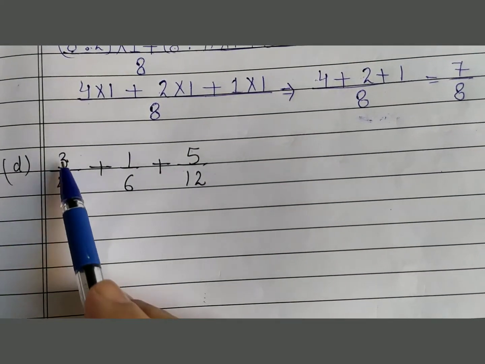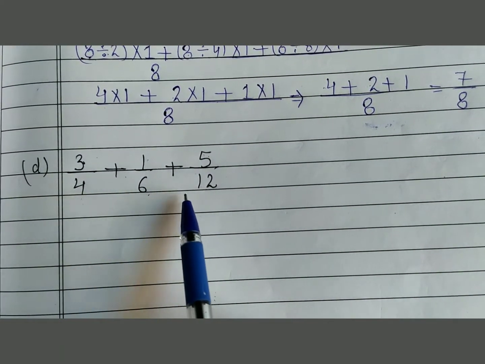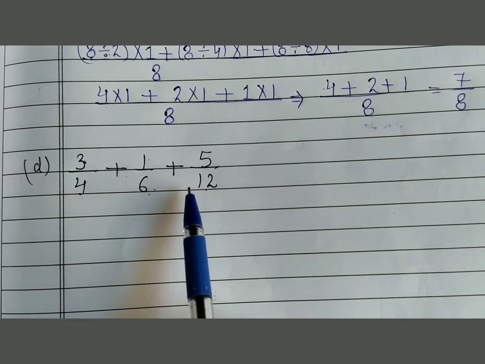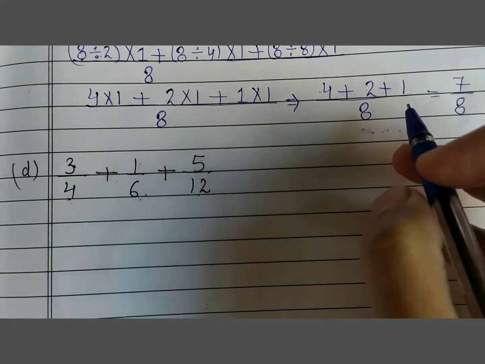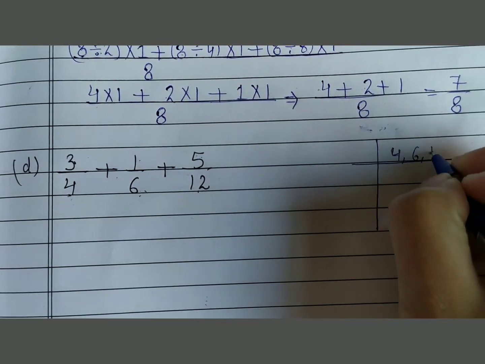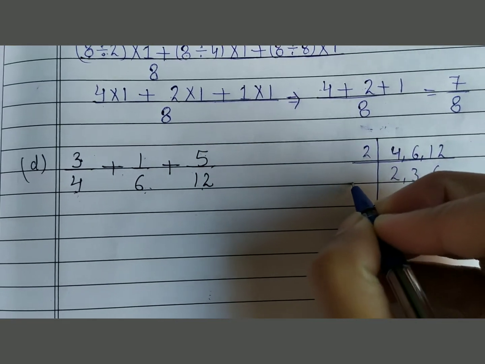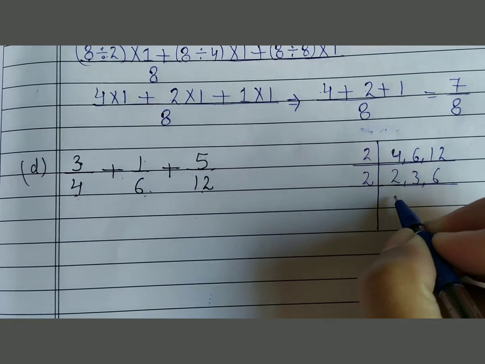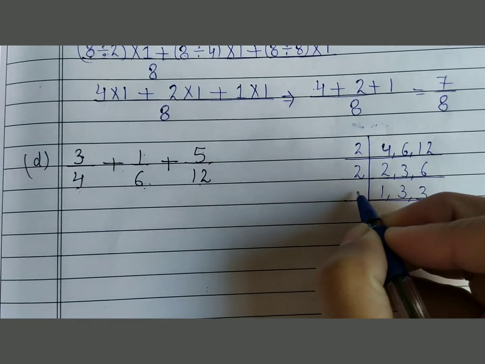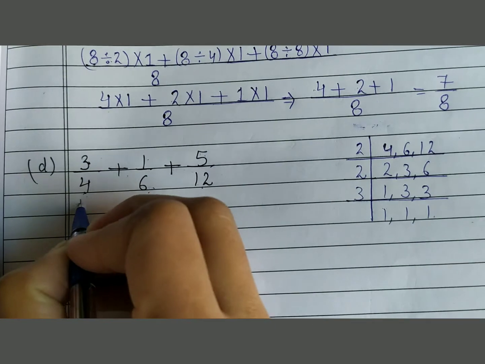Next question is 3 upon 4, add 1 upon 6, add 5 upon 12. Children, in this question, denominator is not common. 4, 6, 12. Find out the LCM of 4, 6, 12. 2 2s are 4, 2 3s are 6, 2 6s are 12. Again write 2, 2 1s are 2, 3 as it is, 2 3s are 6. 1 as it is, 3 1s are 3, 3 1s are 3.